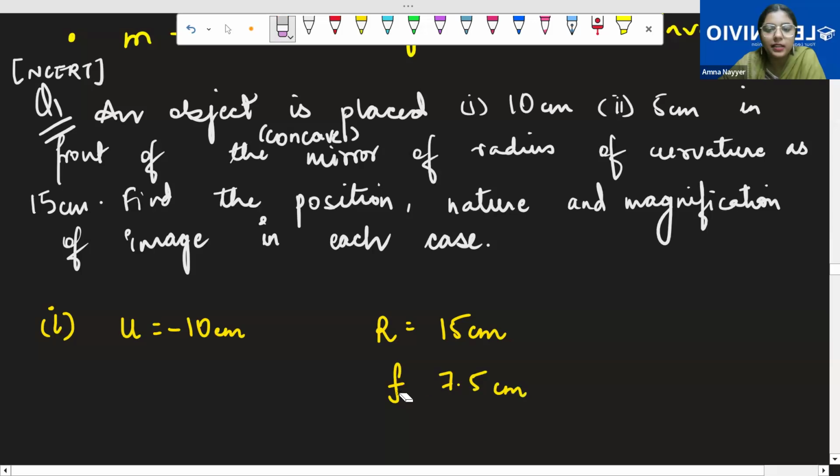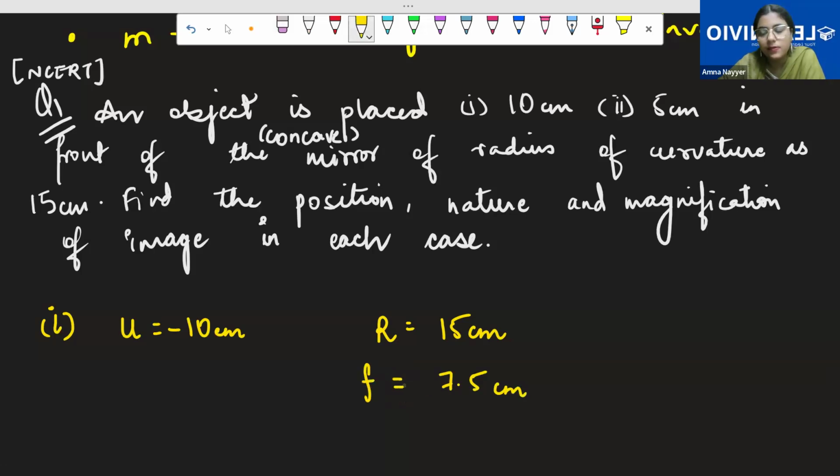So how should the focal length be written? Positive or negative? It is negative. Why? Because focal length is also on the left, right? For a concave or a convex? For concave, it is negative.